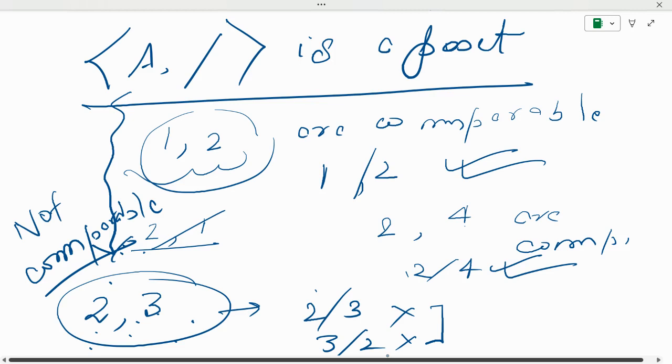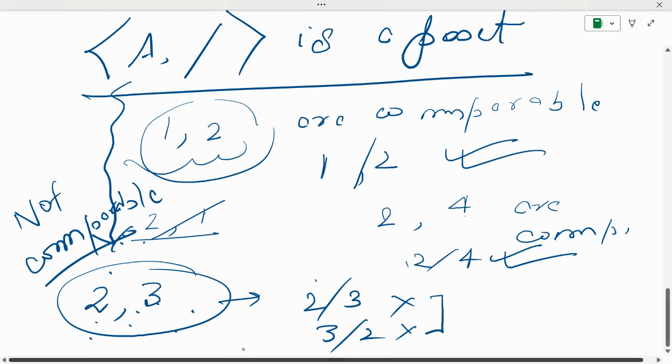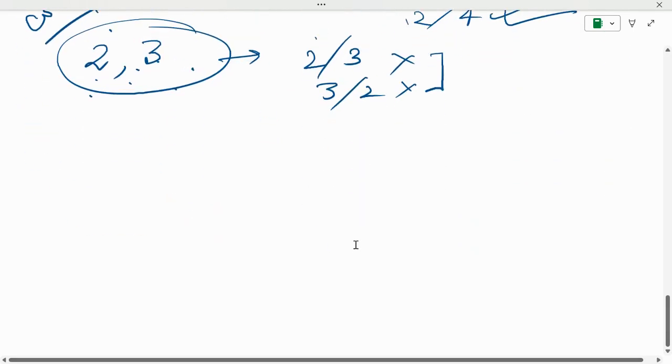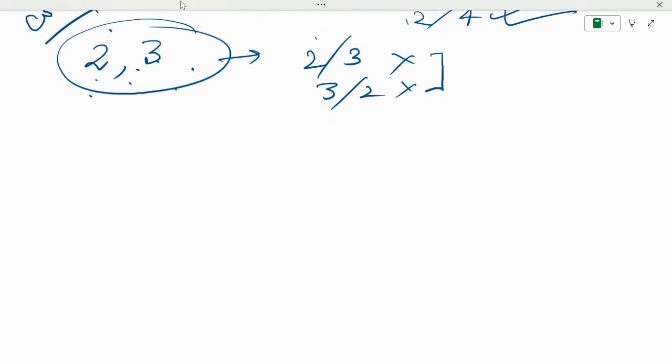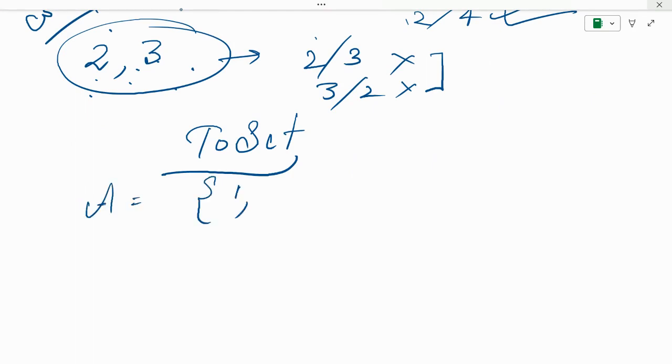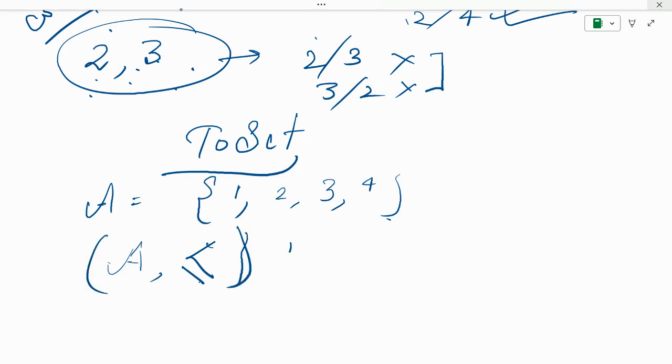Now, why we are learning this is because here we are going to learn about Toset. So what does Toset mean? Toset means total set. If we have this A consisting of elements 1, 2, 3, 4, and we define a relation less than or equal to on A, and this is a poset.